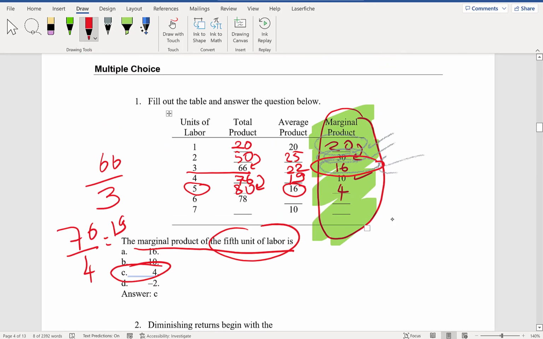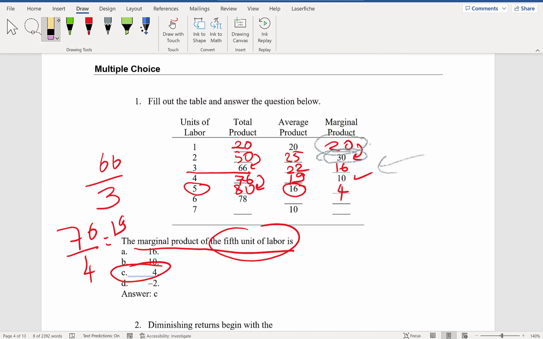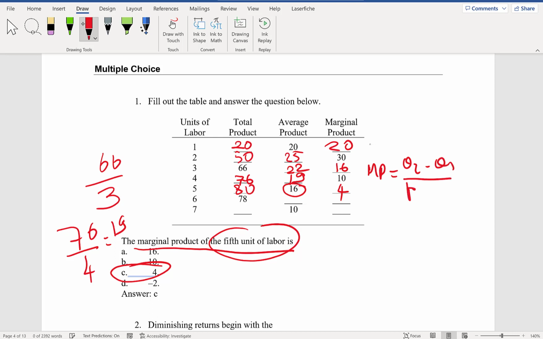Okay, so we're going to keep calculating, we're going to finish this table. Let's just delete some stuff, not everything. Okay, let's continue. 80 to 78. Okay, so marginal product is Q2 minus Q1 over L2 minus L1. So let's label this.